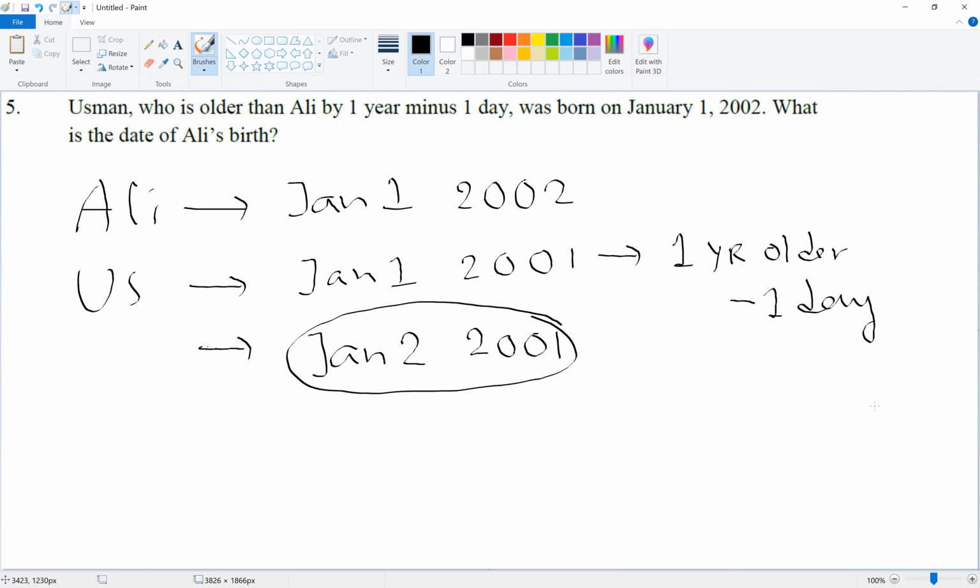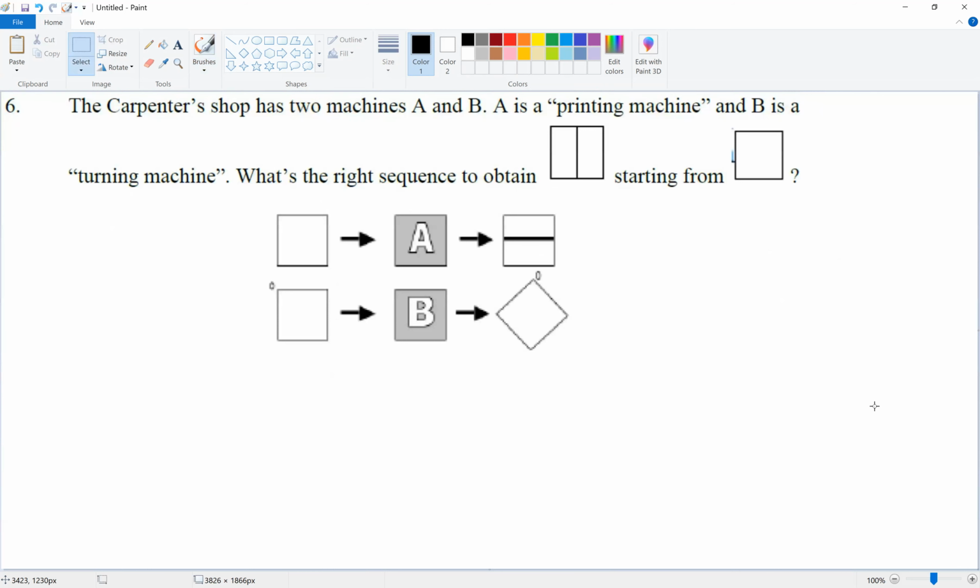That's why it's 2001. But the question is asking for Ali's. Oh, sorry. I think I wrote it wrong. Hold on. I thought it was Ali's age. It's actually talking about Usman's age.